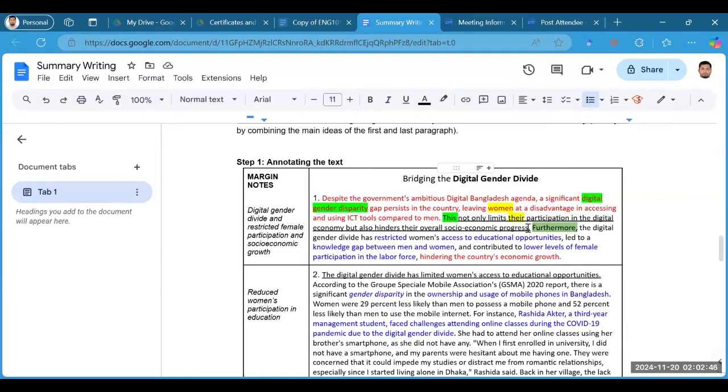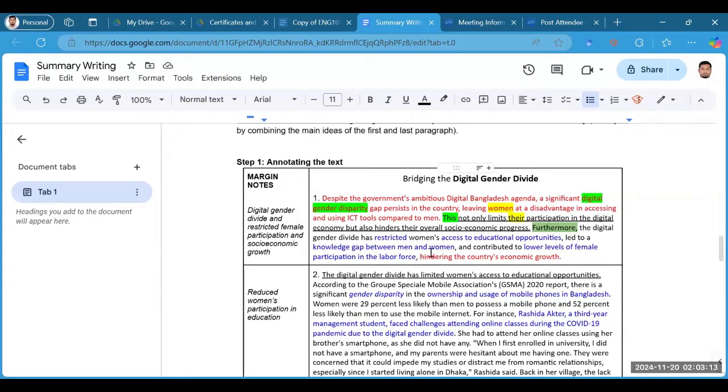Now the writer describes a little more what he means by socioeconomic progress. He clarifies that the digital gender divide has restricted women's access to education, created a knowledge gap between men and women, and lowered female participation in the labor force, and it overall hinders the economic progress of the country.